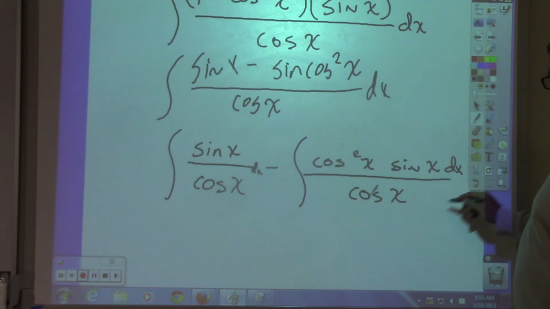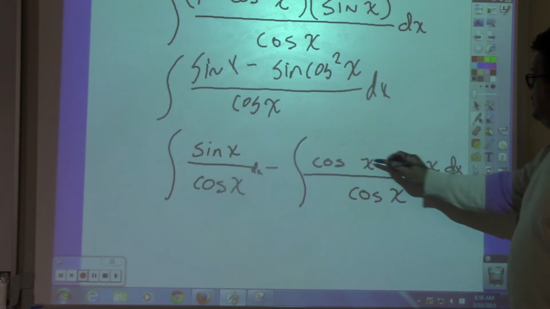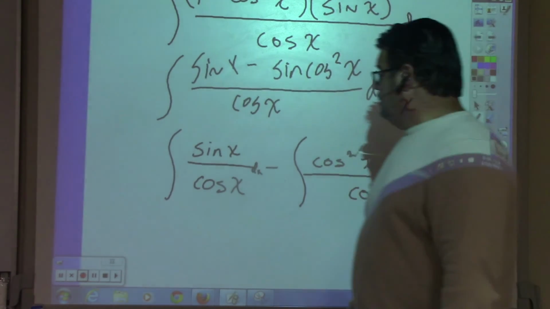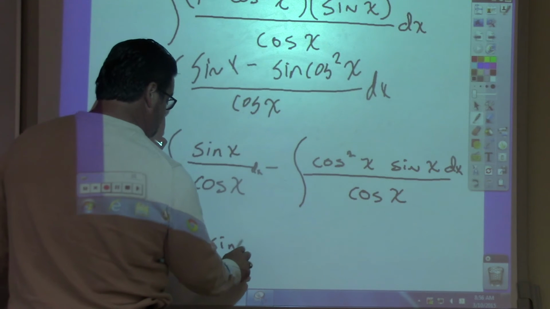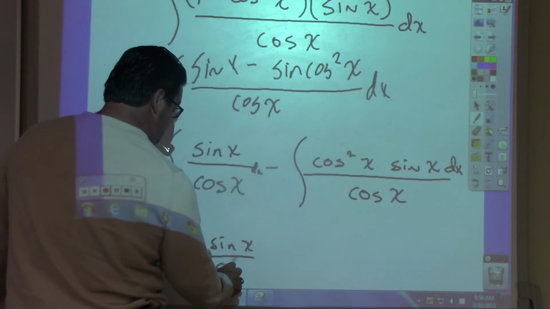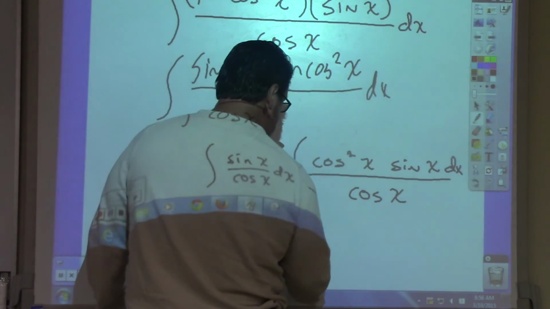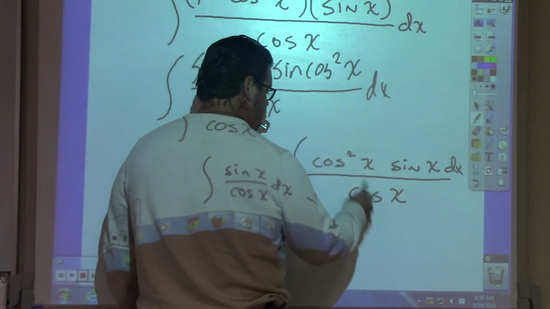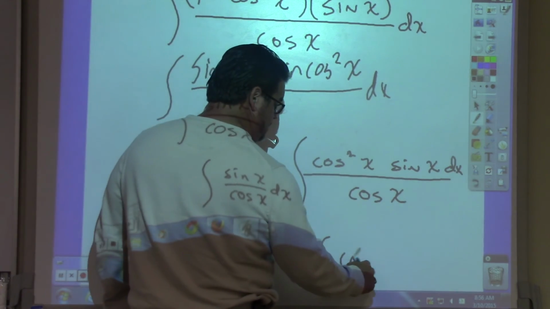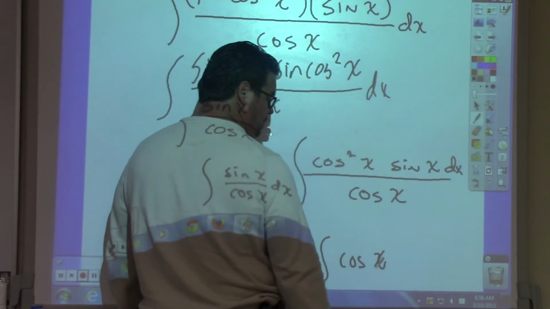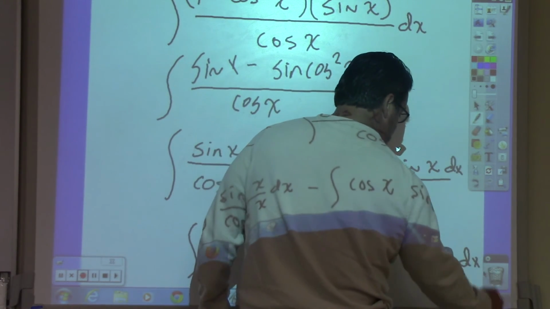The antiderivative of sine of x over cosine of x dx, minus, and what happens here? You get cosine of x times what? Sine of x dx.